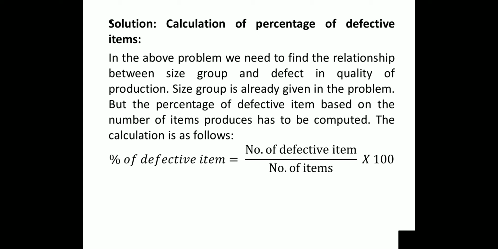Before going to the calculation of correlation, let us see how we can calculate the percentage of defective items. In the above problem, we need to find the relationship between the size group and the defect in quality. The size group is already given, but the percentage of defective items based on the number of items produced has to be computed. We can use this formula: number of defective items divided by number of items into 100.